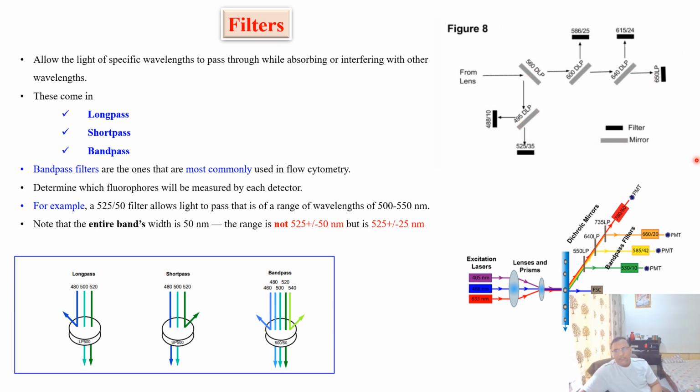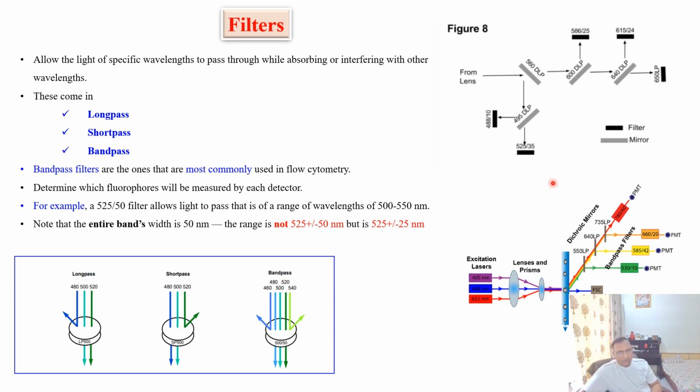It is arranged like this, and you can see in this picture how, after reflecting, the light passes through different mirrors and different filters before the detector.